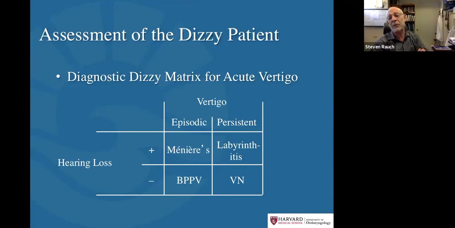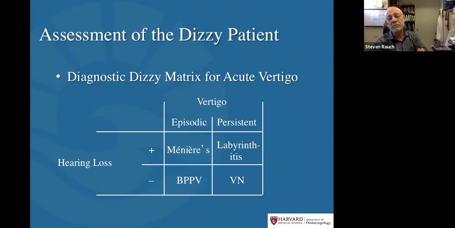They've pickled their whole inner ear, and in vestibular neuritis, the cochlea is unaffected. So if you have people with acute vertigo problems, start here, and you will probably have the answer more than 50% of the time, just with this simple matrix.